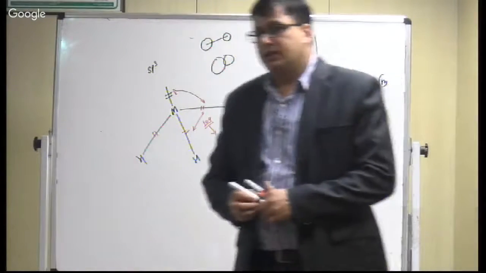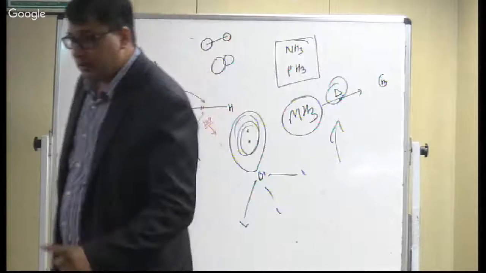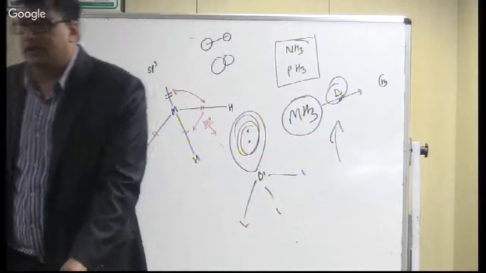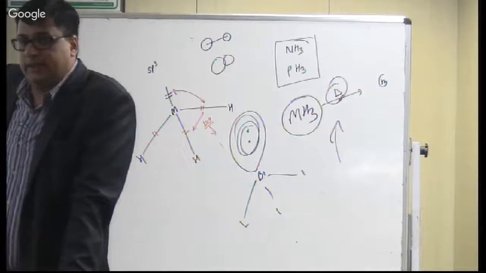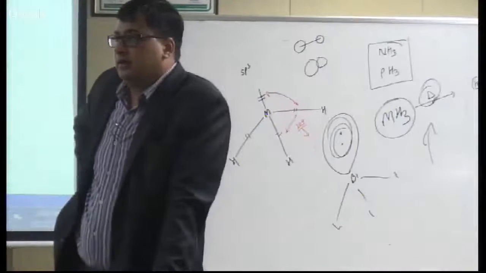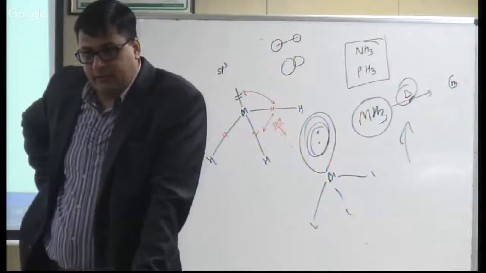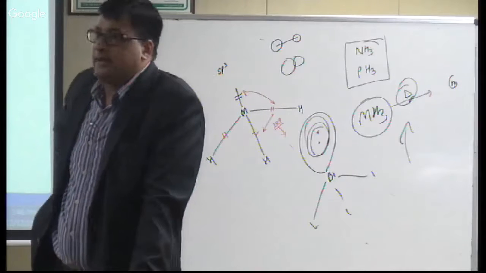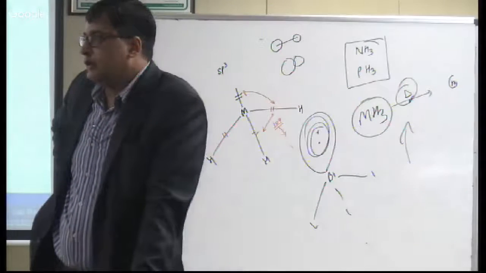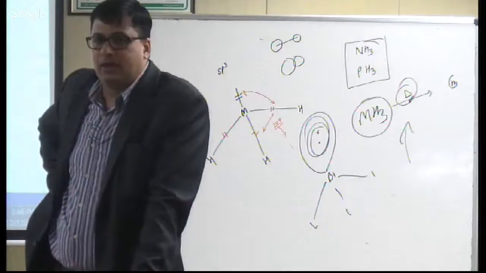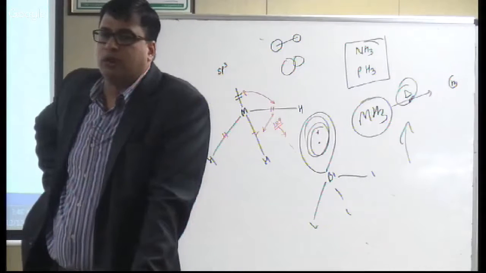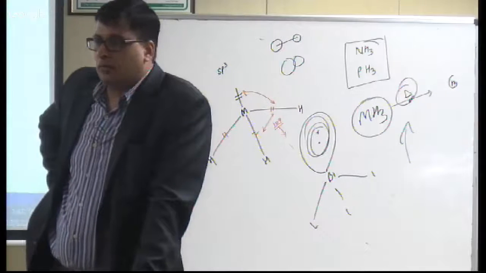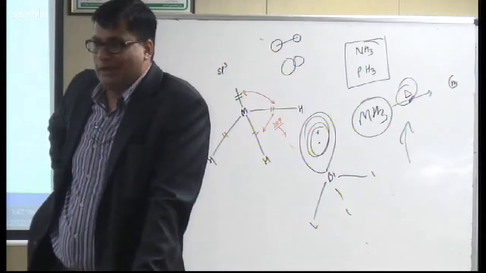Clear? So the first one is bond angle. Second one is thermal stability. Third one is poisonous nature. Fourth one is basicity. And one more is bond length. Sometimes they ask bond length. If you move down the group, the bond length increases.